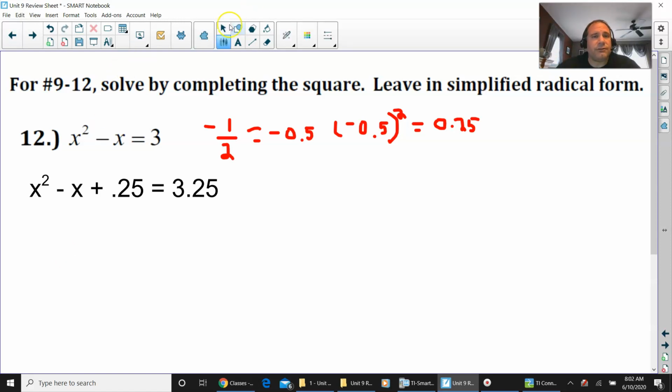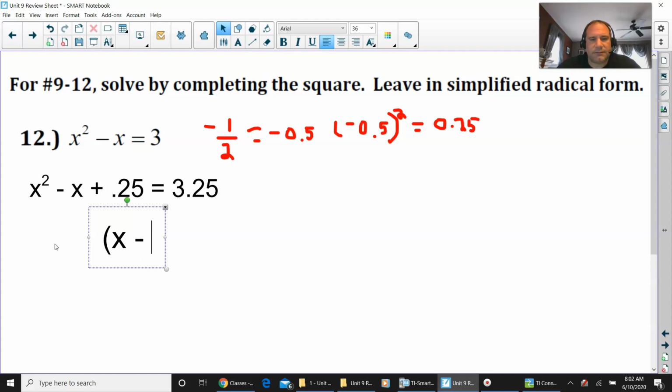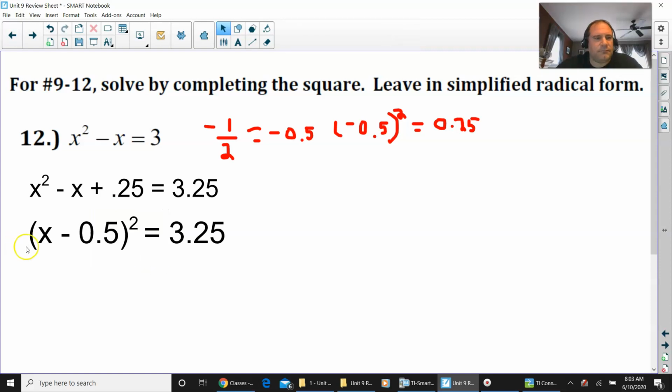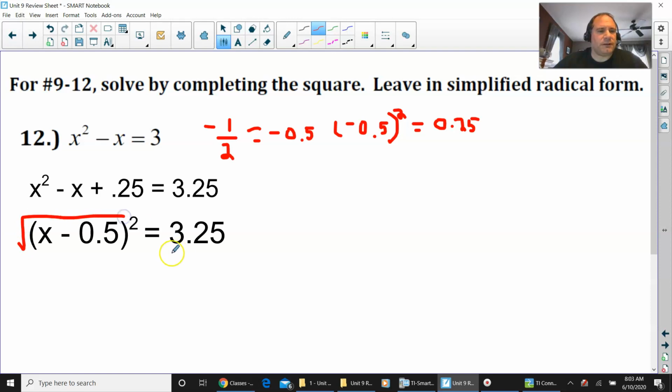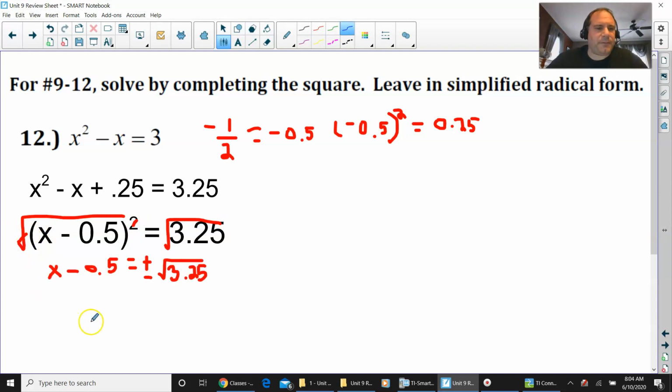So we are going to put down x minus 0.5 squared equals 3.25. So now, again, with all of these, you're taking the square root, and the square root cancels the square, and that's what you get. And then remember, you have to actually solve for x.